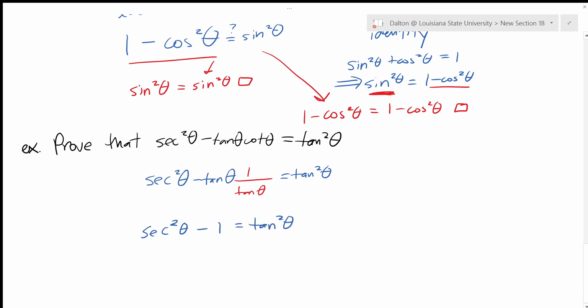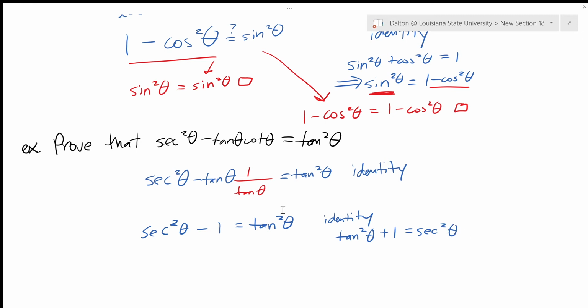And again, we used an identity here. We used a reciprocal identity. And then Zach says, oh, this is one of the Pythagorean identities as well. Which one? Tangent squared theta plus 1 equals secant squared theta.